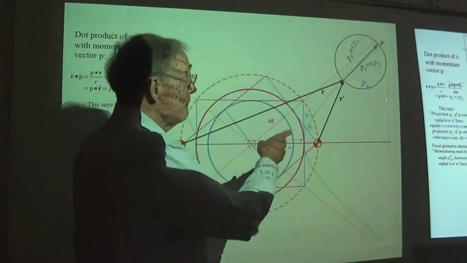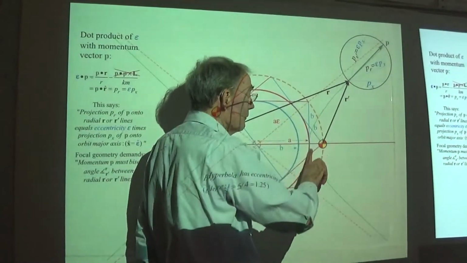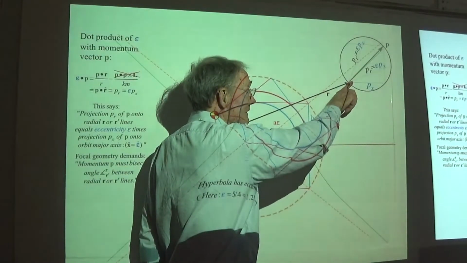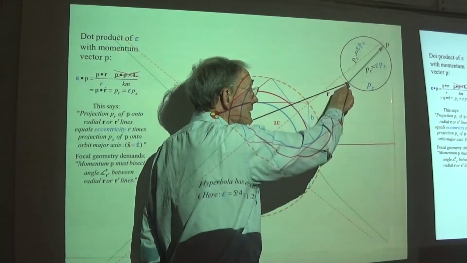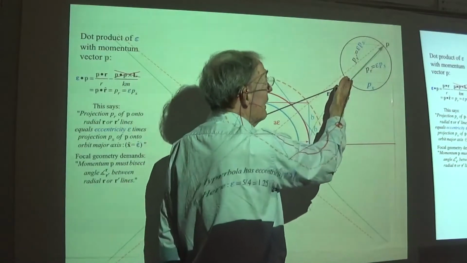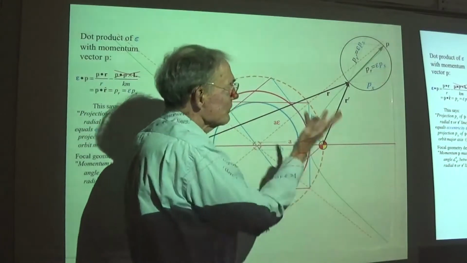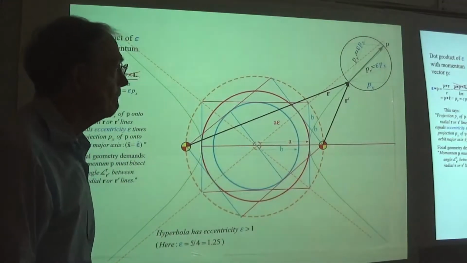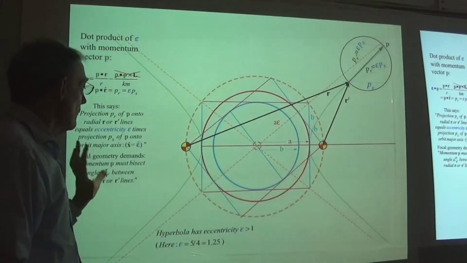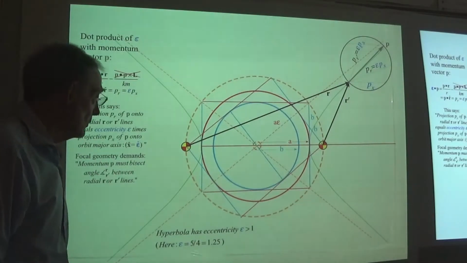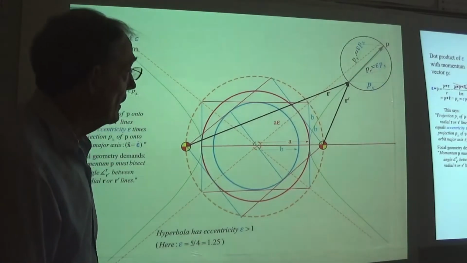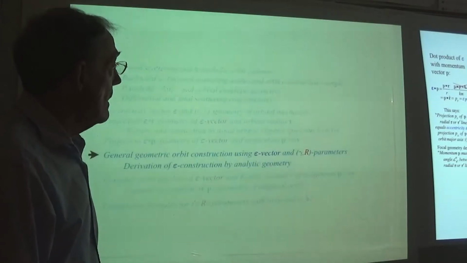But now the p is right along the hyperbola. Okay, it's tangent to the hyperbola, and it's bisecting. You don't need another circle for this one. Just that's it. Okay, so we've got to use that. That's what we're going to be using here to make some sense out of the momentum. All right.